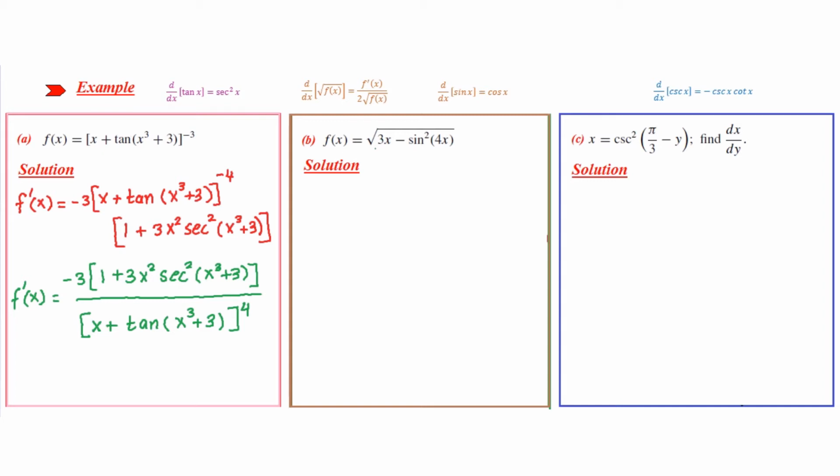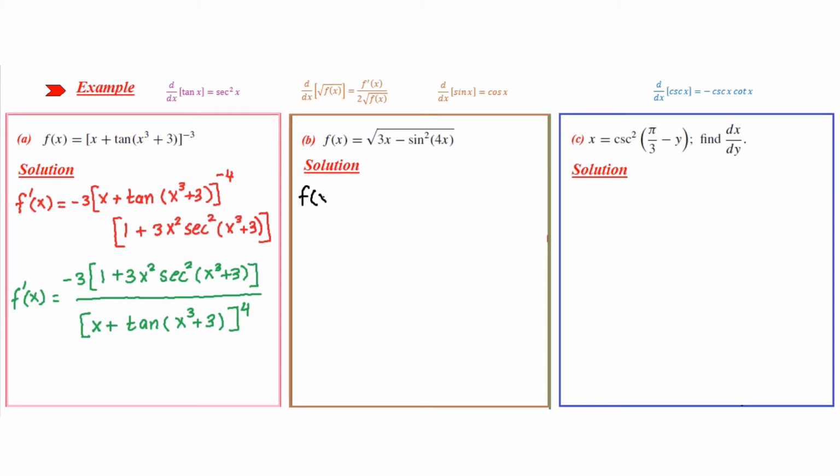For part B, we have radical 3x minus sine square 4x. Remember that sine square means sine all square. So you have to simplify f of x firstly before you start the derivation.